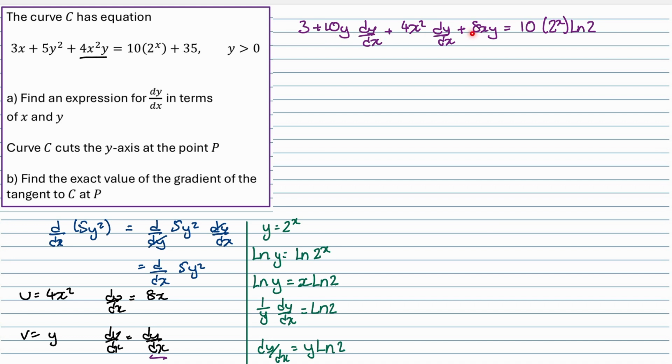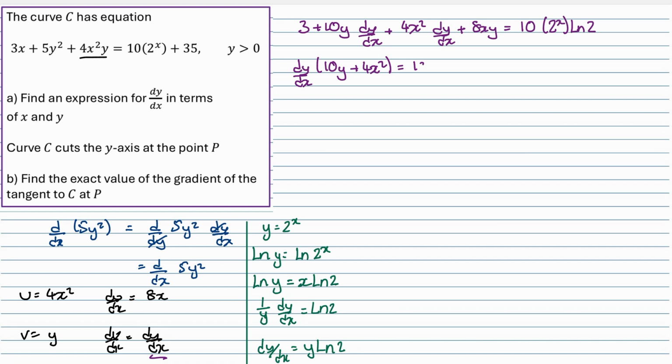So we can tally up what we've got here, and I can factorize out the dy by dx. So if I write that bit first, dy by dx multiplied by 10y plus 4x squared, and then I can move the other terms, the 8xy, to the right-hand side.